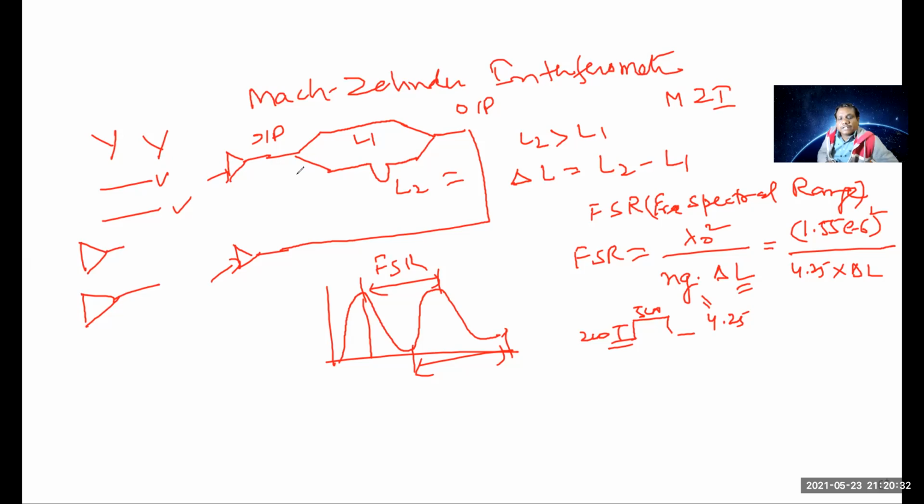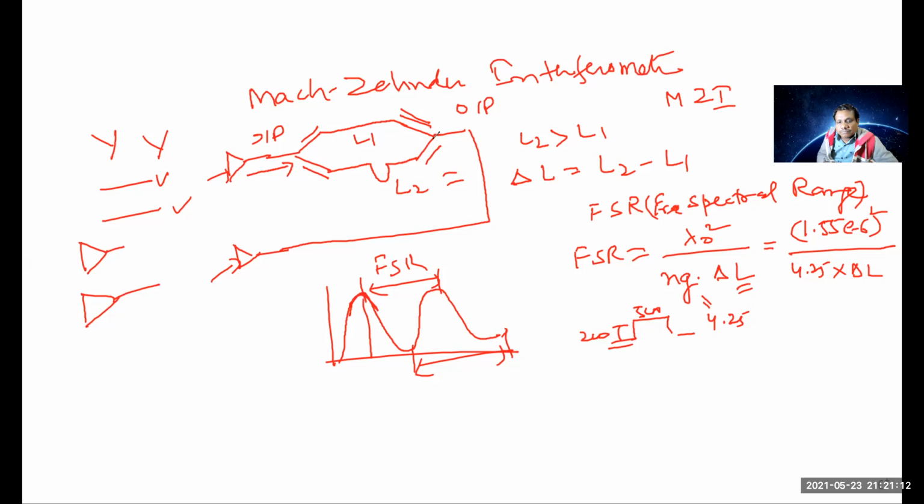As far as the working principle of the Mach-Zehnder interferometer is concerned, it's like this. Light is coming from the fiber through the grating coupler, then it's split into two parts by the Y branch and again meets at this coupler. But you see L1 and L2 are different, so the light coming through L1 will reach earlier than the light coming through L2. If they meet at the same phase, then constructive interference occurs and you will get the highest peak of the light.